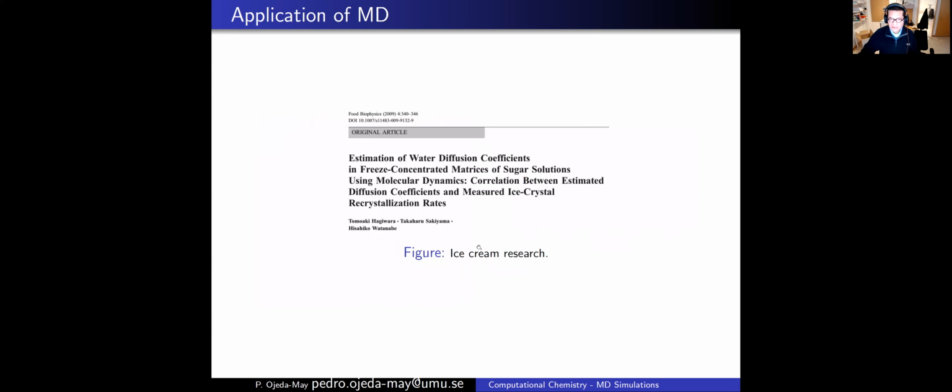So this is another interesting result, and you see, it's on ice cream, and some people are using molecular dynamics to study systems that are very difficult to deal with in the industry, right?